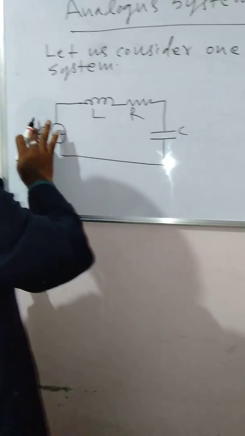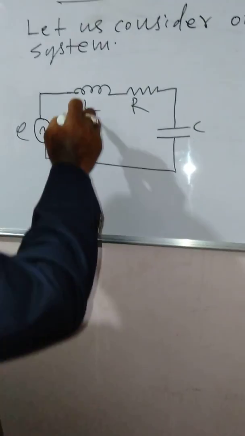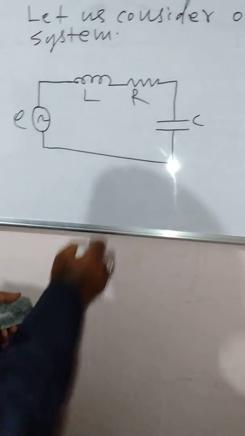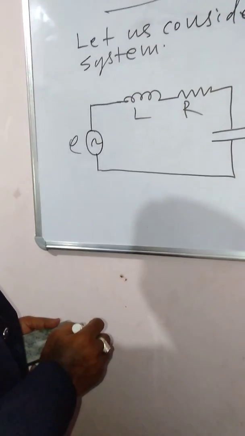The input is E, and the inductor, resistor and capacitor are connected in series.